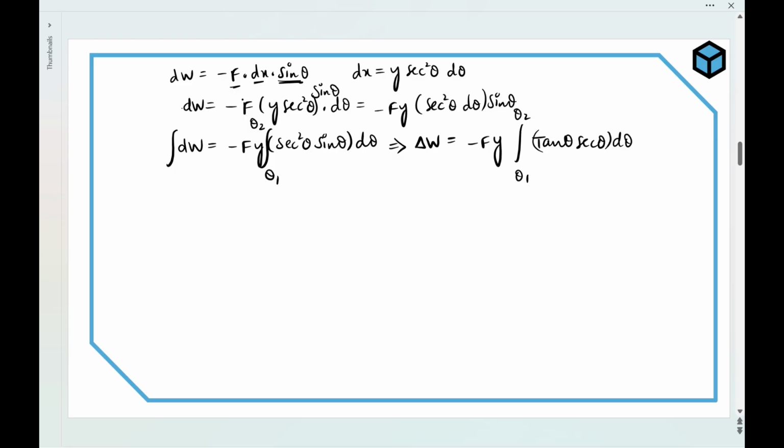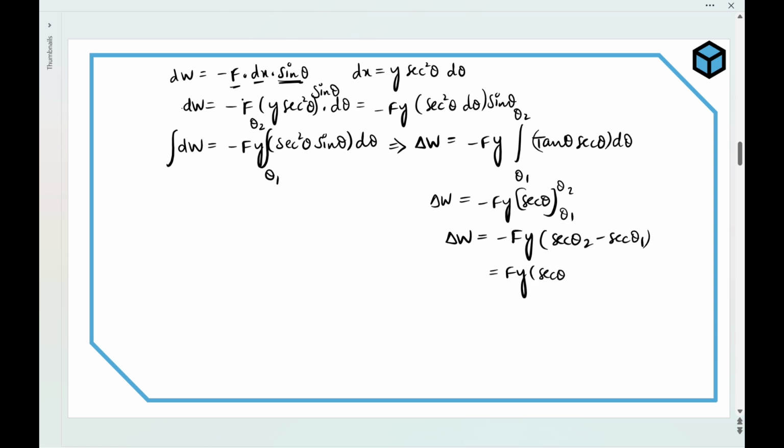We know that the integral of tan theta into secant theta d theta is nothing but sec theta. So the final work is minus F into y into secant theta 2 minus secant theta 1, which is nothing but F into y into secant theta 1 minus secant theta 2. This is the work done.